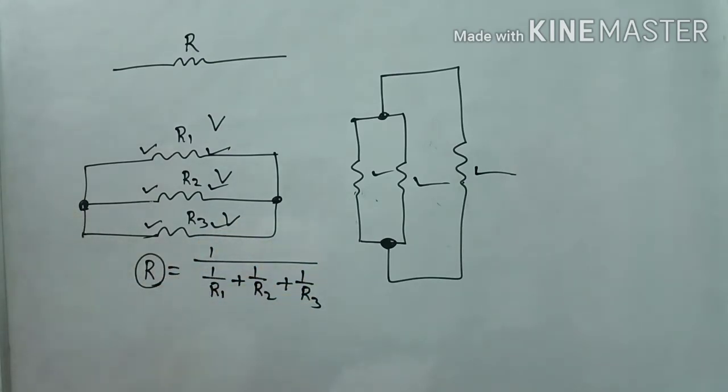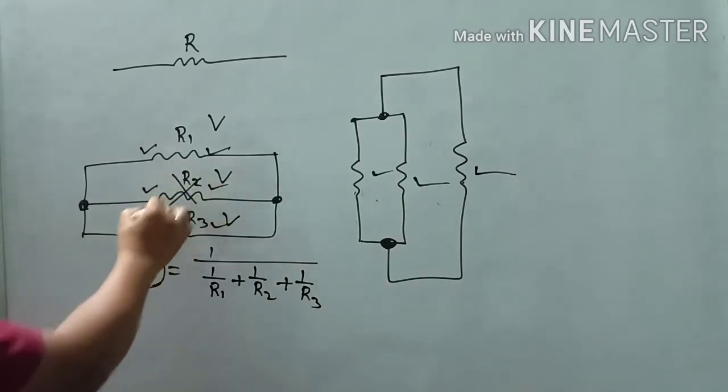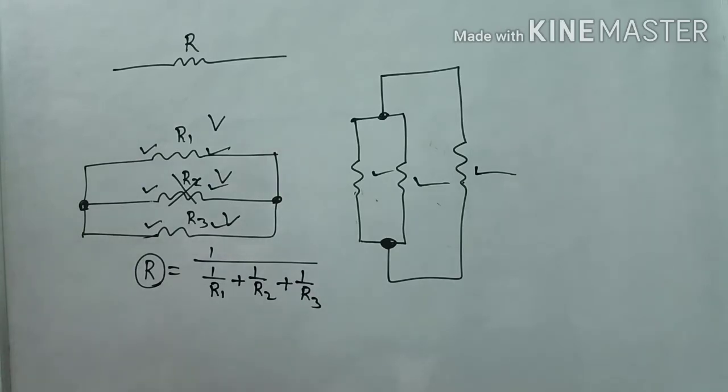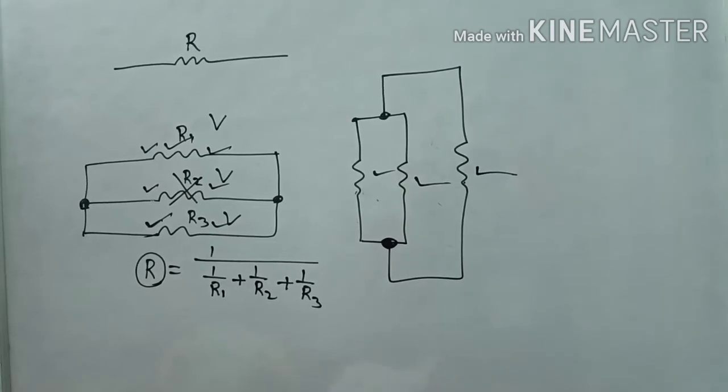So in parallel combination, the net resistance decreases, whereas in series combination, net resistance increases. But if one resistance is damaged, other resistances are not affected. I mean, to other resistance, current will flow. But in case of series combination, if one is damaged, then no current will flow to other resistances.